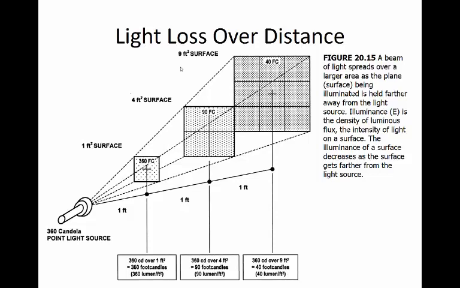At 1 foot away, 360 divided by 1, because that's the distance squared. 1 squared is 1. 360 divided by 1, 360 foot candles. If we do it again, now we're out at 2 feet. 2 squared is 4. So 360 divided by 4, I'm down to 90 foot candles. When I get out to 3 feet, 360 divided by the 9 square feet, now we're down to 40 foot candles. So you can see how this is tapering off as we go out.